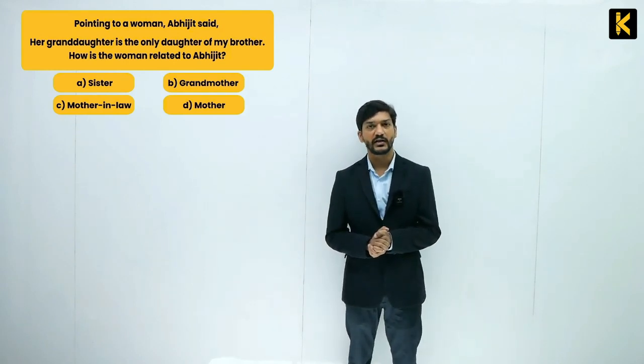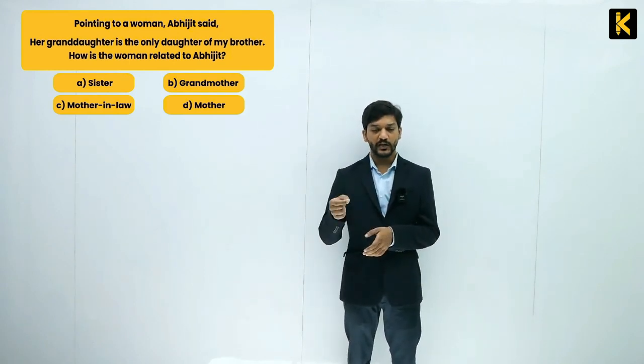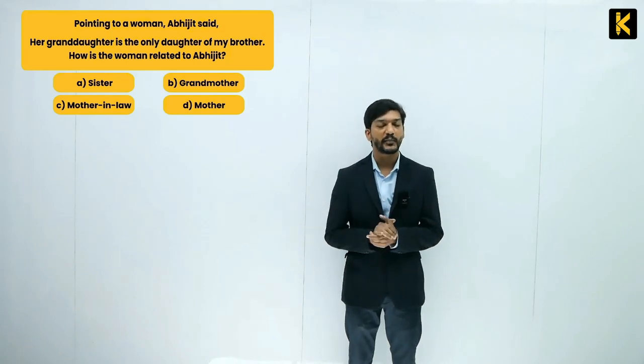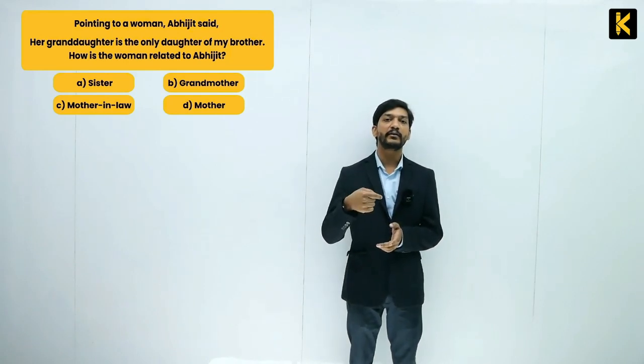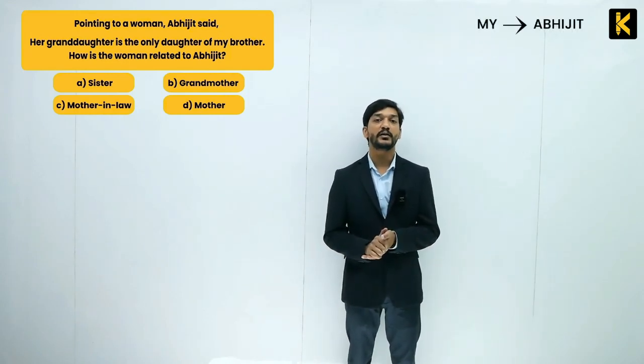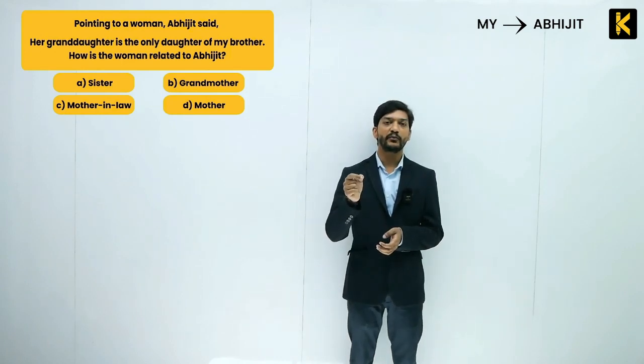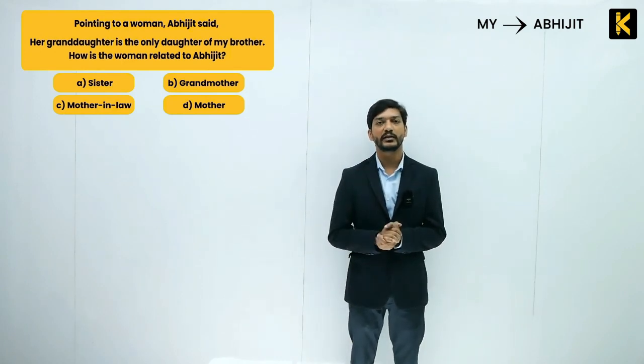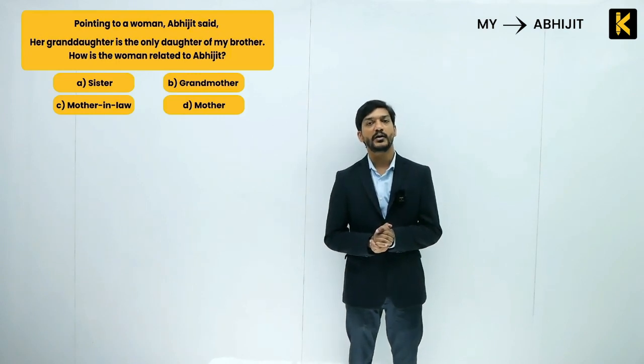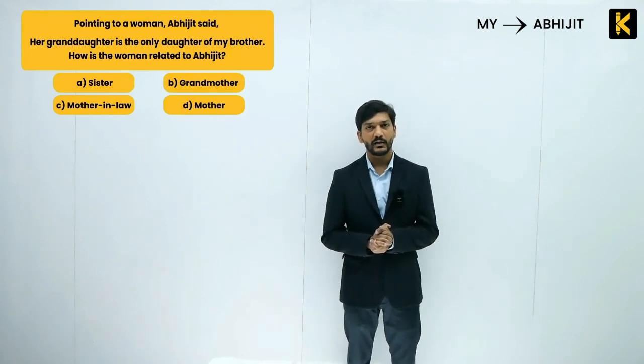Abhijit is making the statement. Because Abhijit is making the statement, what word will he use for himself? He will use the word my for himself. So wherever you observe this word my in the statement, that is for Abhijit.